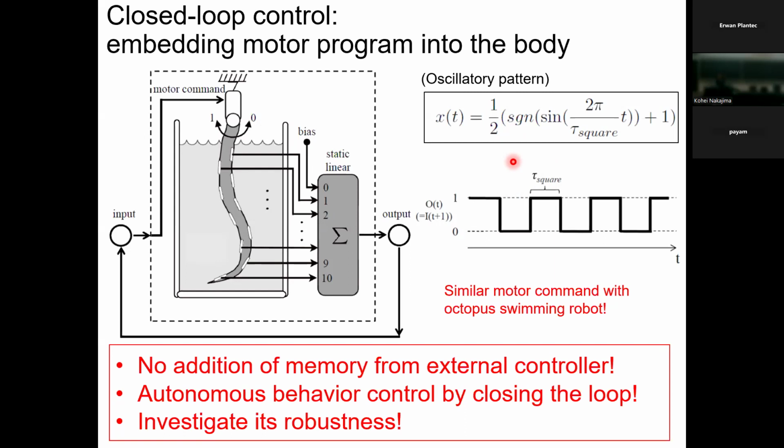But we don't have this kind of counter right now. We only have this current body dynamics. By using this current transient body dynamics, only through this static readout, we need to determine whether it really passed tau square time steps or not by only checking this transient dynamics. That's the challenge here.